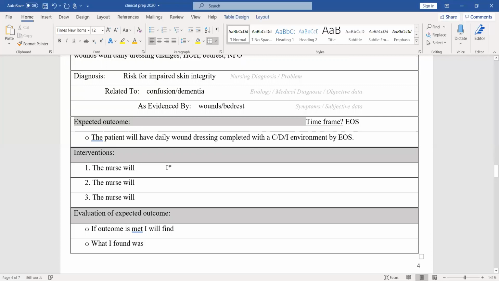The nurse will turn and position patient Q2 hours. So we're looking to prevent skin breakdown. The nurse will, I mean, we can think really outside the box here. We can talk about advocation. The nurse will advocate to provider supplemental nutrition by 10 o'clock.